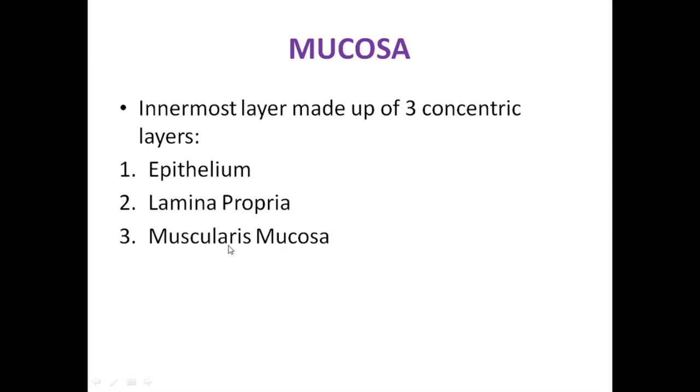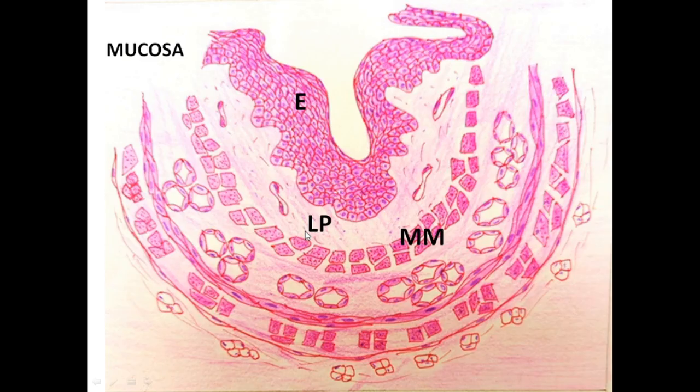In the mucosa the smooth muscle layer is called muscularis mucosa, whereas the thick muscle layer outside the submucosa is called muscularis externa. So this is the epithelium, this layer is the lamina propria, and this muscle layer is the muscularis mucosa. So the three layers of mucosa are epithelium, lamina propria and muscularis mucosa.